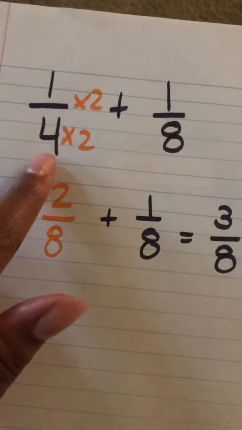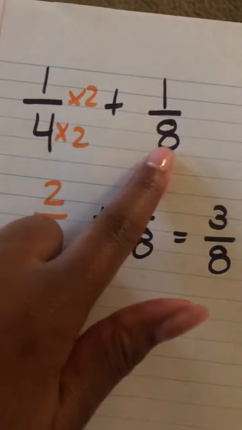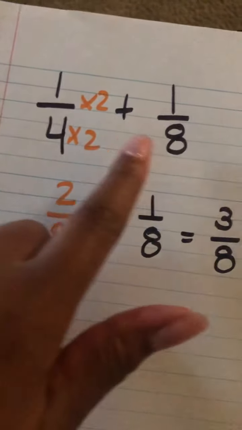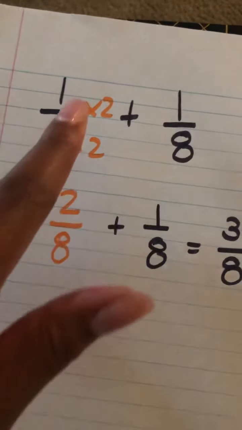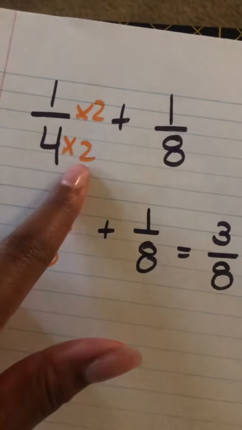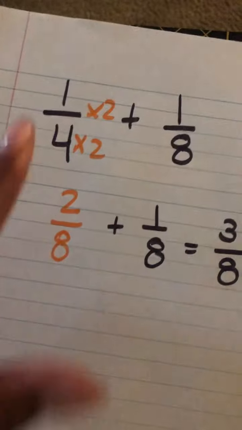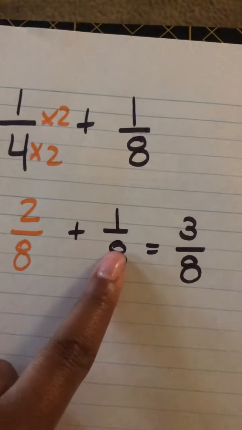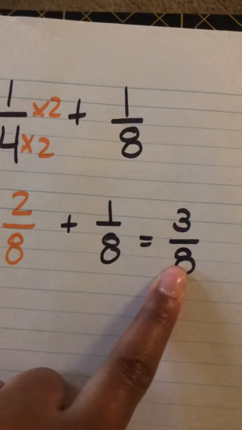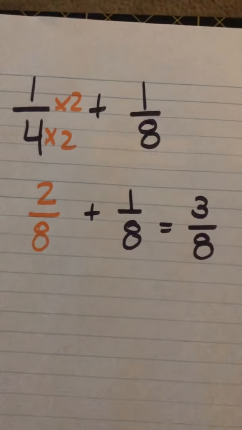And 4 goes into 8 2 times. So what you do to the bottom, you do to the top. So 4 times 2 equals 8, and then 1 times 2 equals 2. So 2/8 plus 1/8 again equals 3/8. Our answers match, but there's 2 different ways to do that.